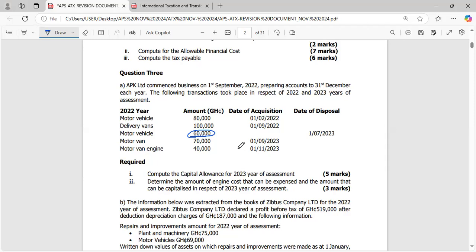Thank you very much, Senior Nathaniel. John the Baptist, do you follow what our senior is saying? I'm not seeing it that way. The machine was disposed of in 2023, and we have determined the repairs and maintenance out of that.